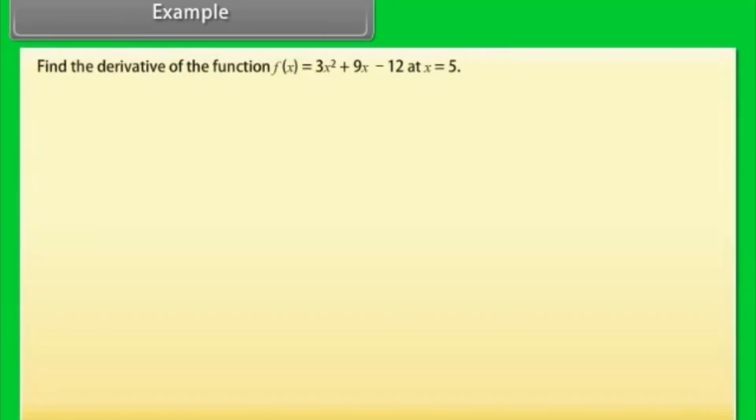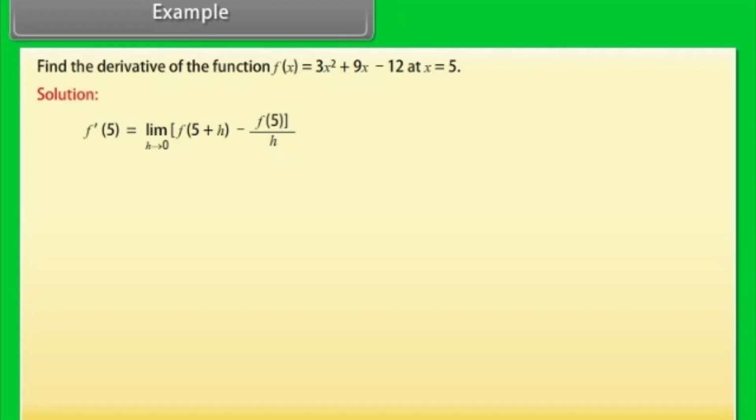Example, find the derivative of the function f(x) = 3x square + 9x - 12 at x = 5. Solution. f dash of 5 is equal to limit h tends to 0 of [f(5 + h) - f(5)] by h.